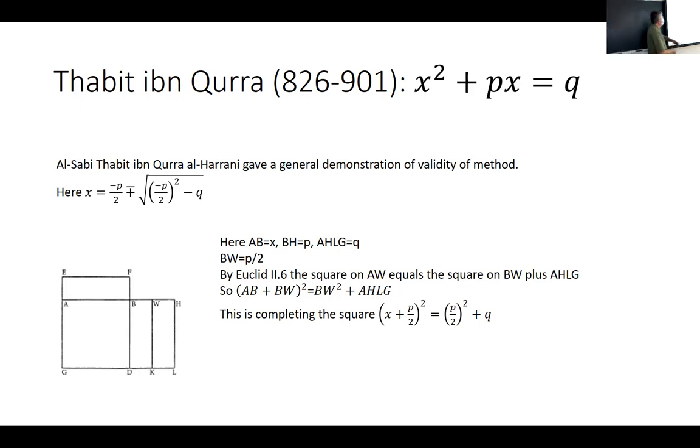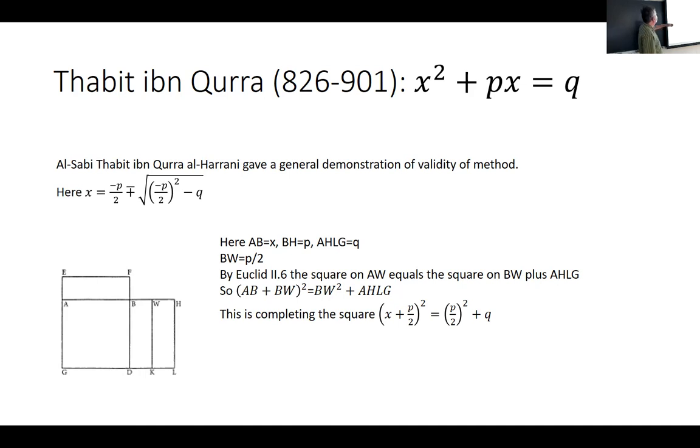They called this the dirham, because they thought of x squared as the wealth. They used the term mal for that, as some sort of coinage, along the way they interpreted things.